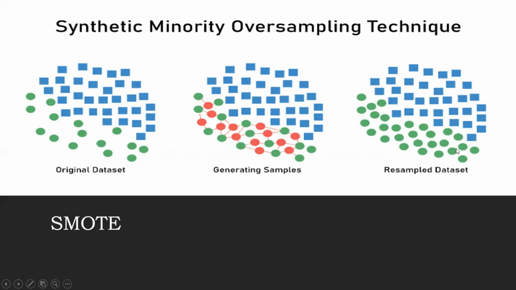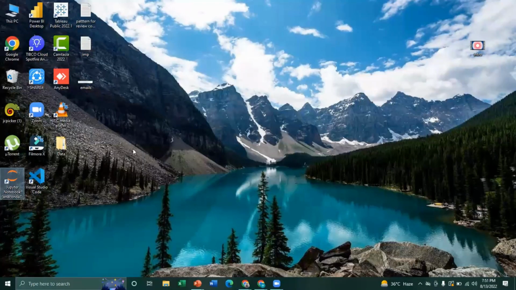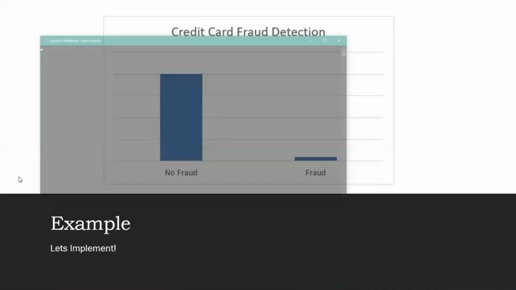And that's how the dataset is resampled, having an equal number of majority and minority classes. So we have an example of credit card fraud detection, and the dataset that we are about to work on is imbalanced. Let's implement. First of all, I will open the Jupyter Notebook from here.